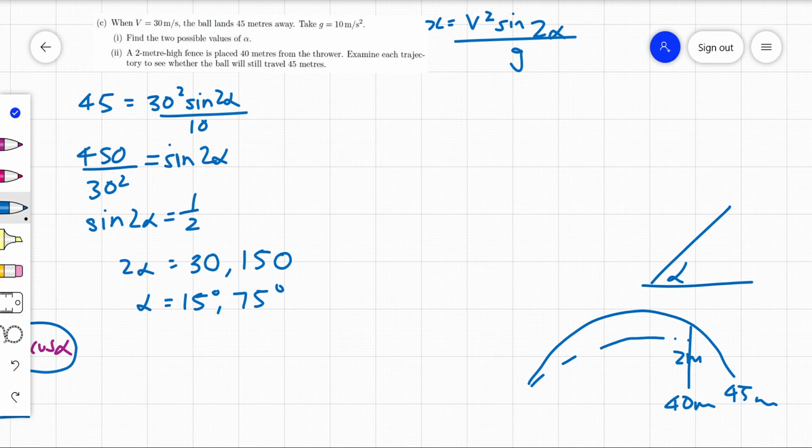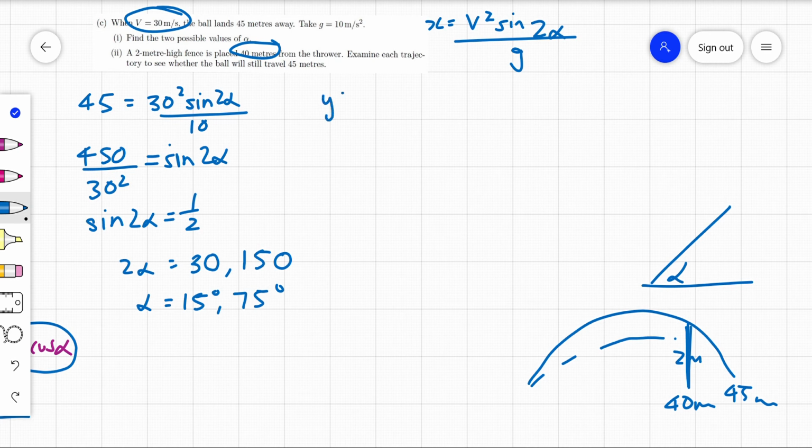So we've still got v equals 30, now we've got x equals 40, and these two different angles of projection. We want to see if the height at that point is above 2 metres, so we're looking at the y value.